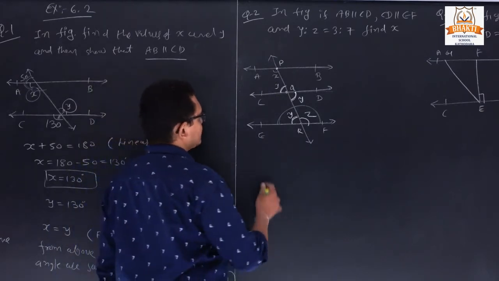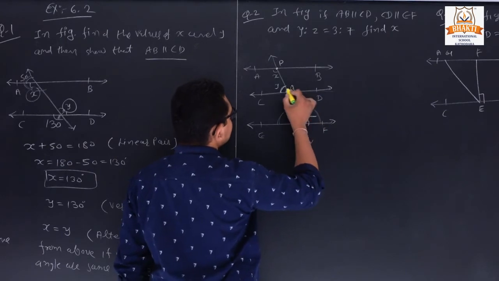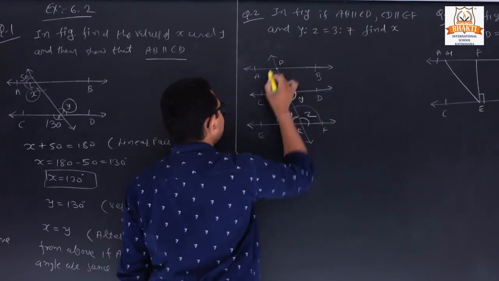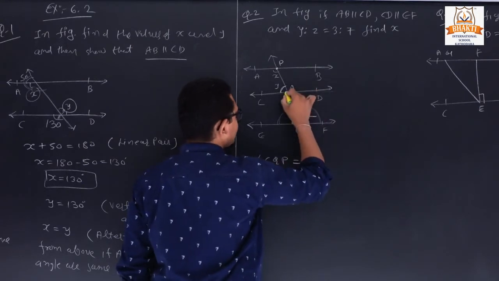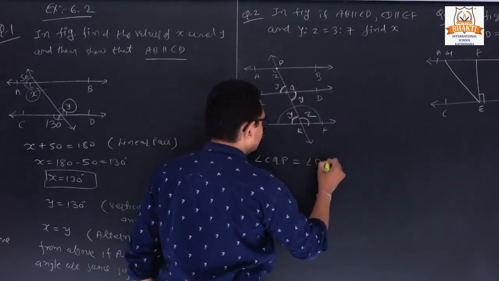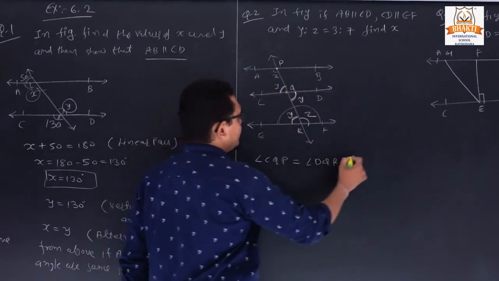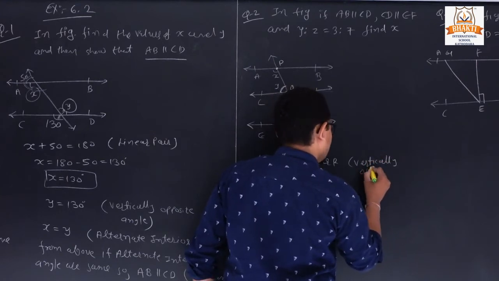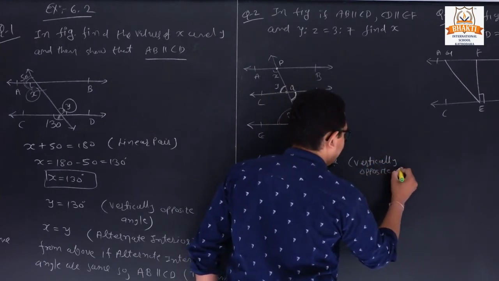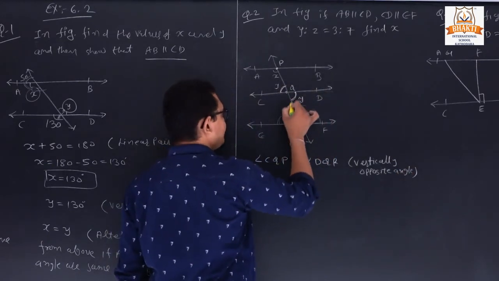So first of all I am writing angle CQP is equal to DQR. Clear? These both are equal because we can write it is a vertically opposite angle. Now next, these and these are also the same.